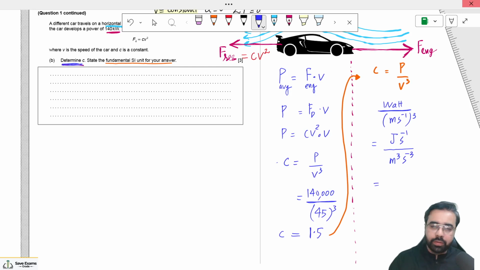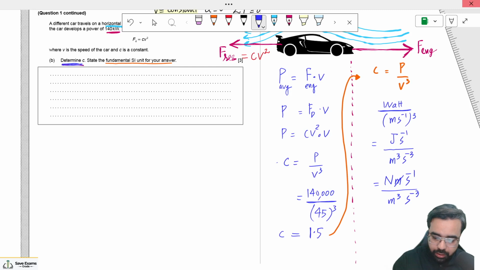Moreover, joule is a unit of work done, which is the product of force and displacement. So joule is equal to newton meter. Then we have second to the power -1, meter cubed and second to the power -3. Now you may cancel out this meter with meter cubed. It will result in newton over meter squared.